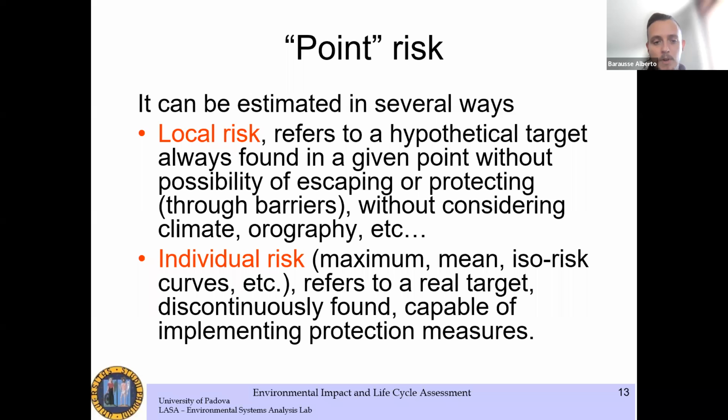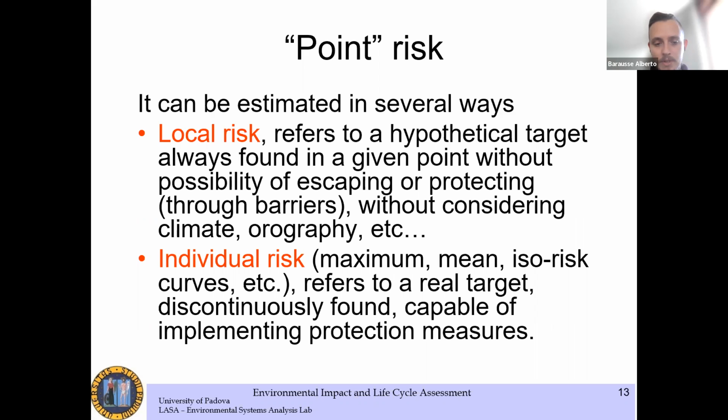When you speak of local risk, you usually speak of a hypothetical target. This will become clearer later, such as a person that's always found in that given location without the possibility of moving or protecting.